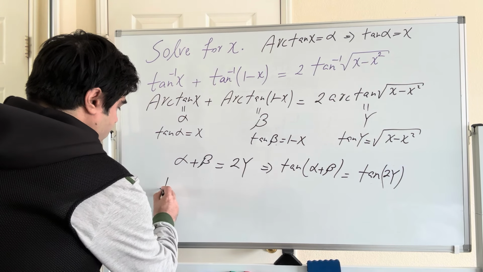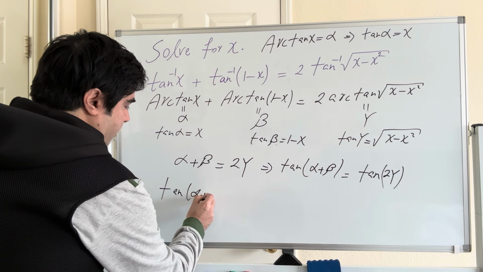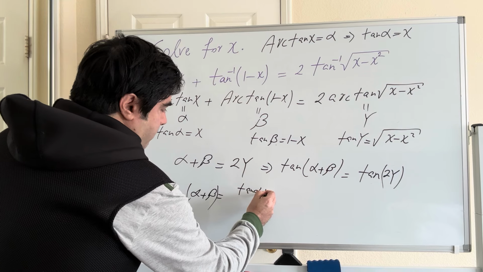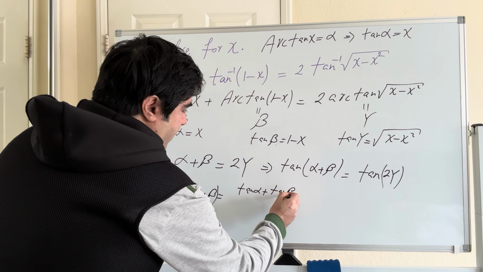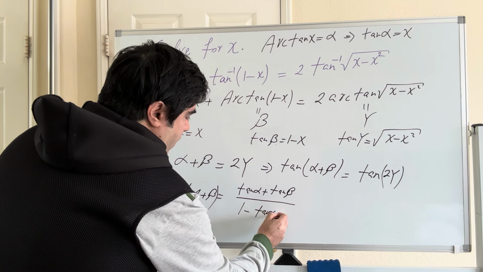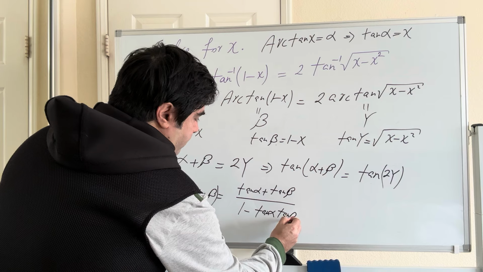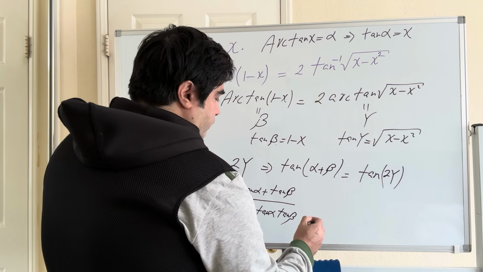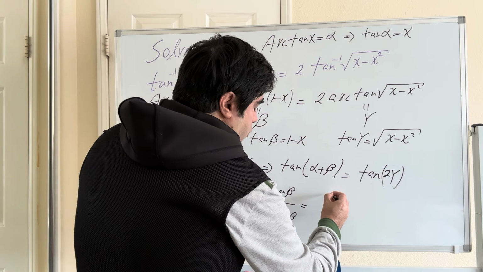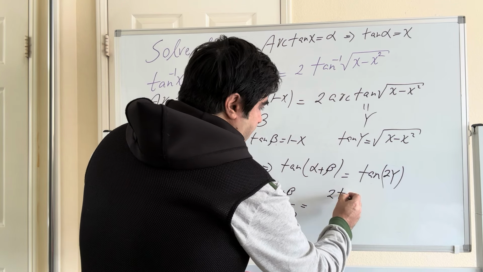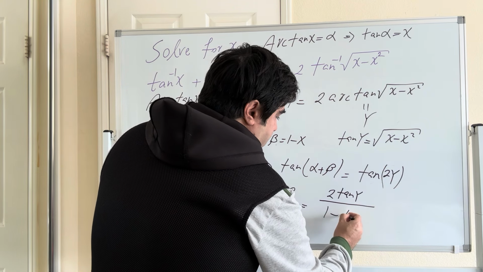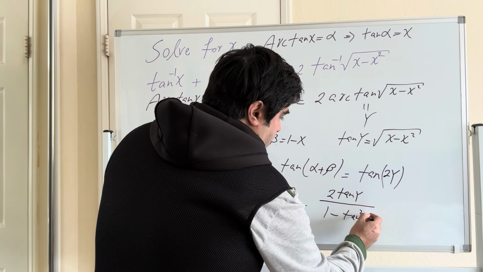Tangent of alpha plus beta is going to be tangent of alpha plus tangent of beta, all over 1 minus tangent of alpha times tangent of beta. And tangent of 2 gamma is going to be 2 tangent of gamma over 1 minus tangent squared gamma.